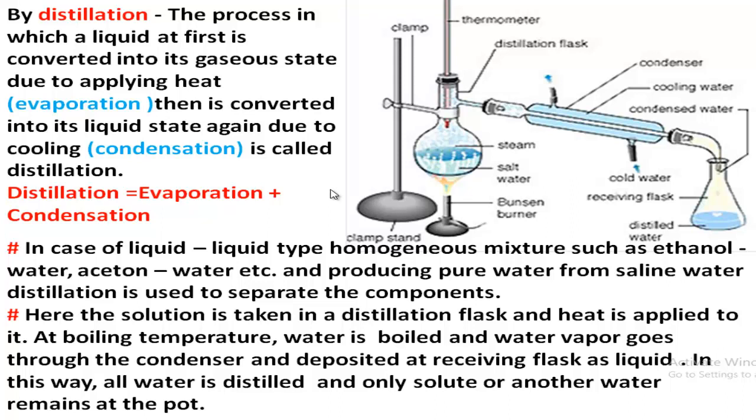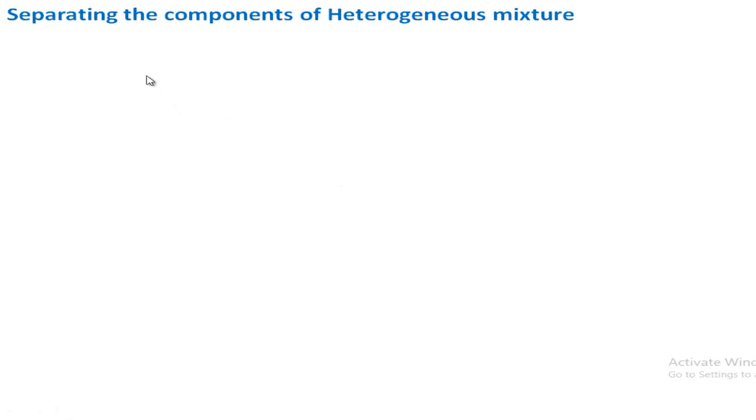So in this way, by evaporation or by distillation process, we can separate the components from a homogeneous mixture. Now we will see the separation of heterogeneous mixtures. Dear students, you know very well, in a heterogeneous mixture the components are not mixed uniformly.